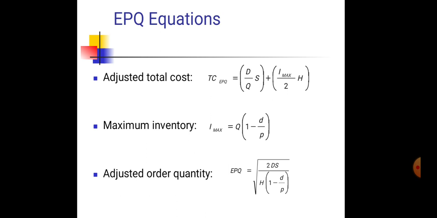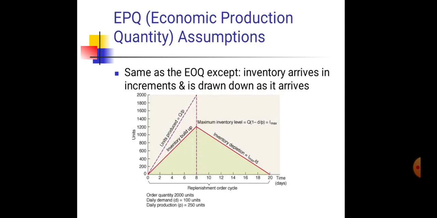Then the maximum inventory I max equals Q, the order quantity, times (1 minus D by P). The adjusted order quantity EPQ is equal to the square root of 2DS by H times (1 minus D by P), where D is the daily demand and P is the daily production.